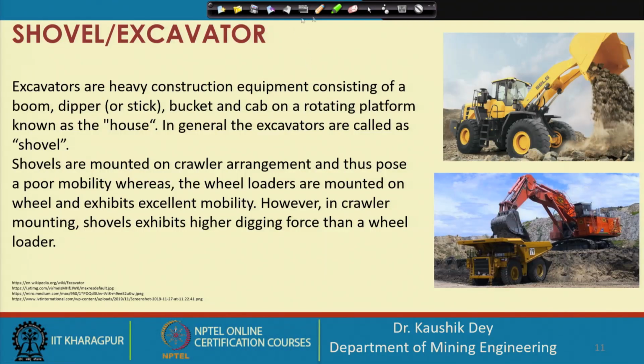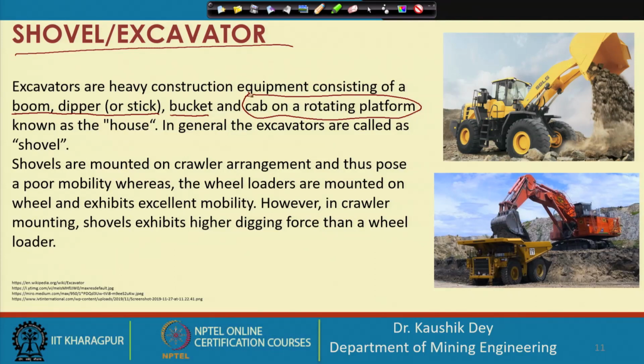Now, let us look into the excavator. Shovels or excavators are heavy construction equipment consisting of a boom, a dipper and a bucket, and a cab placed on a rotating platform. That is the generalized constructional feature of an excavator.